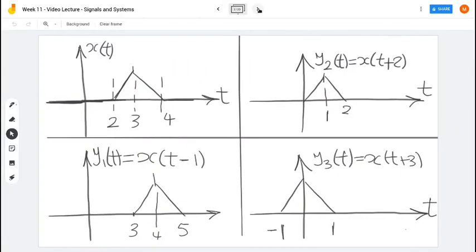Looking at this signal x of t over here, which is defined from instant 2 up to 4 and 0 otherwise, computing the unilateral Laplace transform, we start the integration at instant 0 up to infinity. So this is the part of the signal which is included in the integration. Let's consider y1 of t, which is a shifted version of x of t, x of t minus 1, shifted to the right.